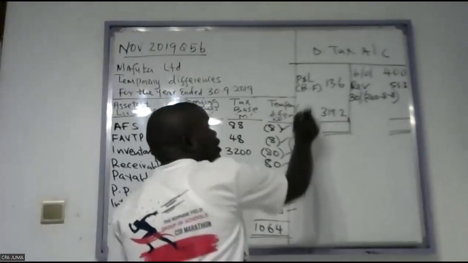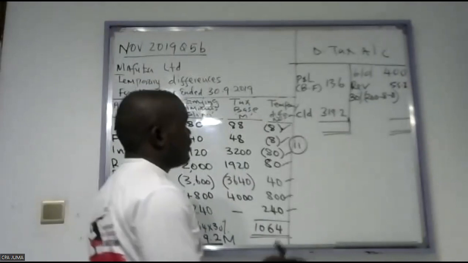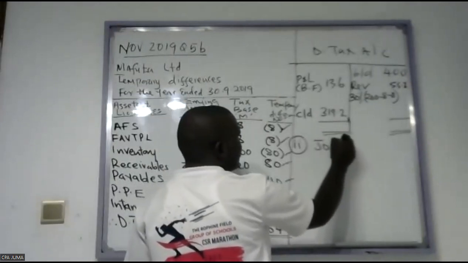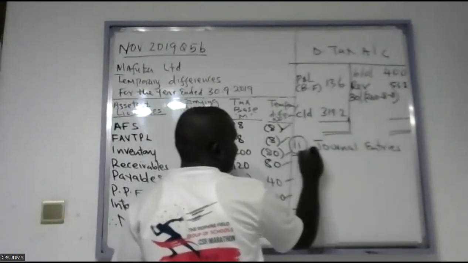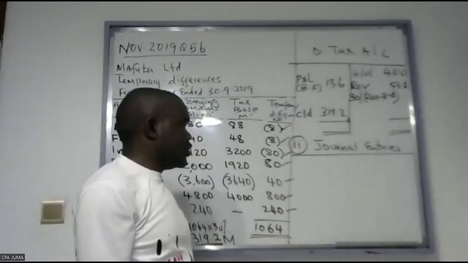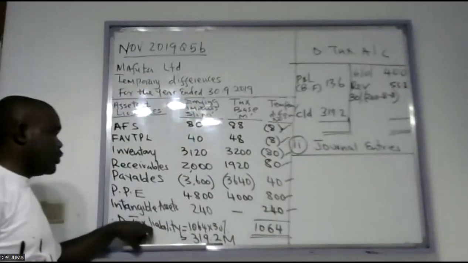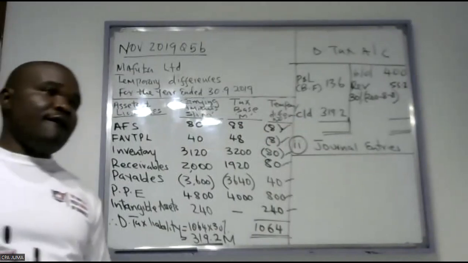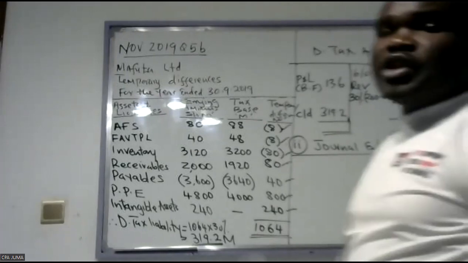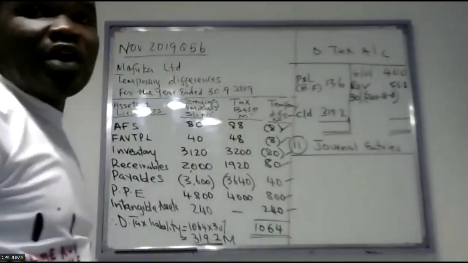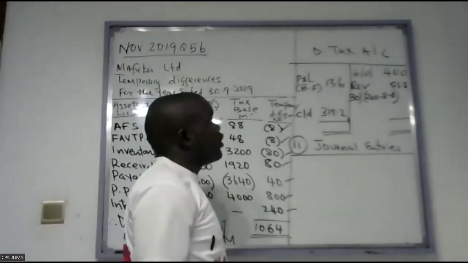So we can have the journal entries, which is the required Roman 2 of the question. This one was just a working. So Roman 2, journal entries. You just check the deferred tax account, how it is appearing, to record the changes.